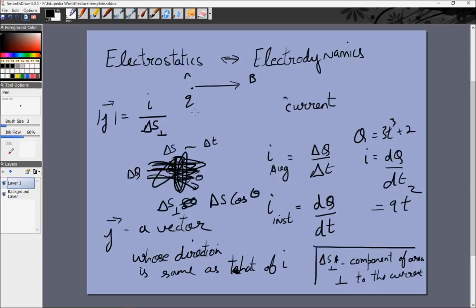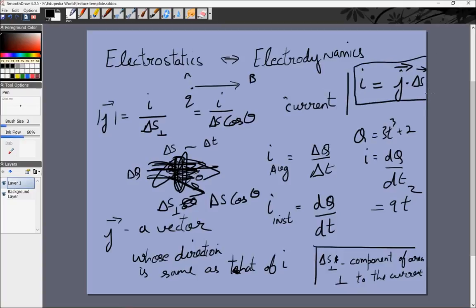So we can write mod J as I divided by delta S cos theta, where theta is the angle between the area vector and the current density vector. We can take delta S cos theta to the other side, and since we already know that the direction is the same as that of the current, we can write I is equal to J dot delta S. So J is current per unit area, so current has to be current per unit area multiplied by area obviously, but we see that it's actually a dot product because the current density and area both are vectors.